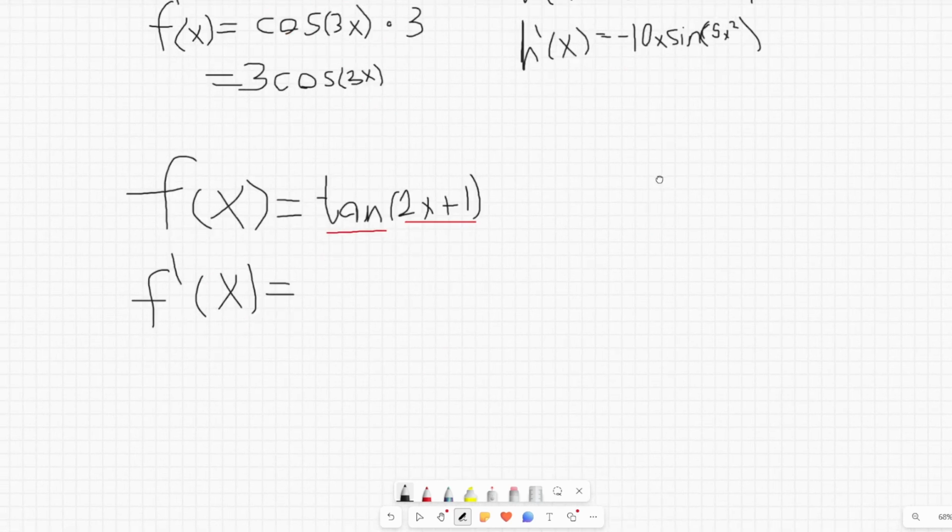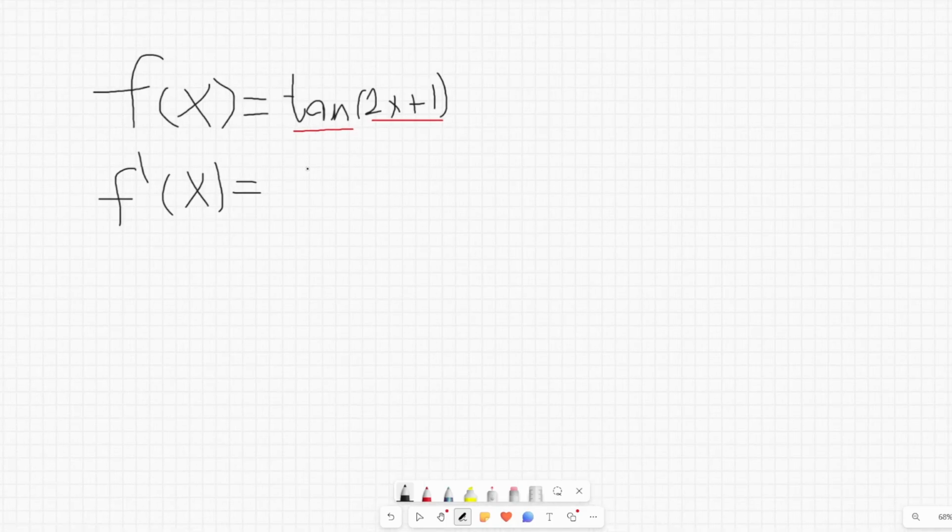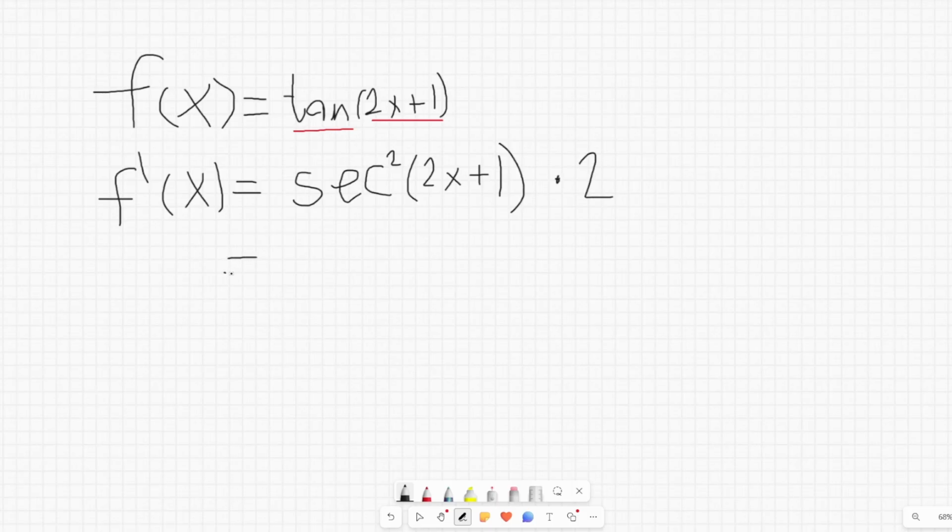So down here, we're going to want to write secant squared of 2x plus 1 times the derivative of the inside, so 2. Now that gives us our final answer of 2 secant squared 2x plus 1. All right, so that's the derivative of that one.